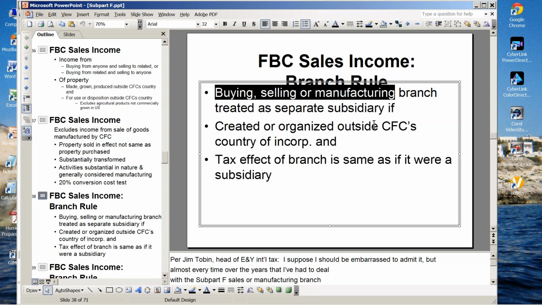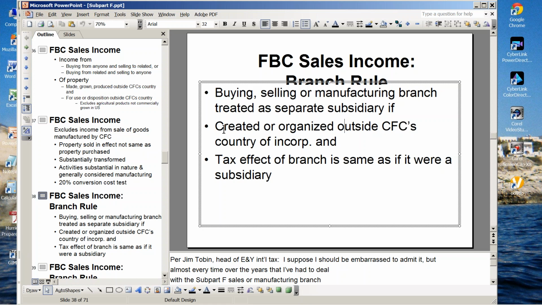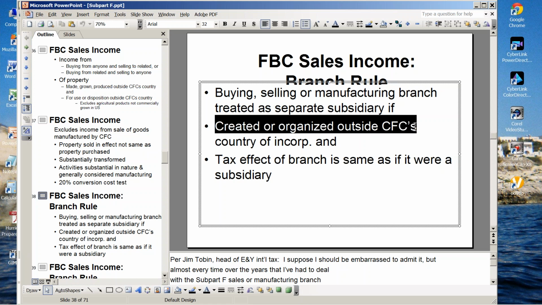Again, we're looking at foreign-based company sales income, so these are the relevant things. A financing branch doesn't count. The home office could be doing the financing, though, and the branch might be doing the buying, selling, or manufacturing. So the second key piece is it's created or organized outside the CFC's country.